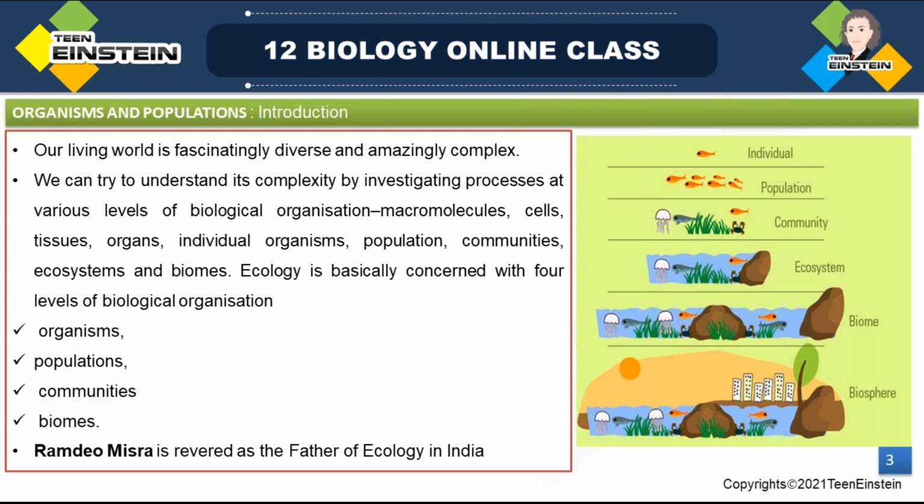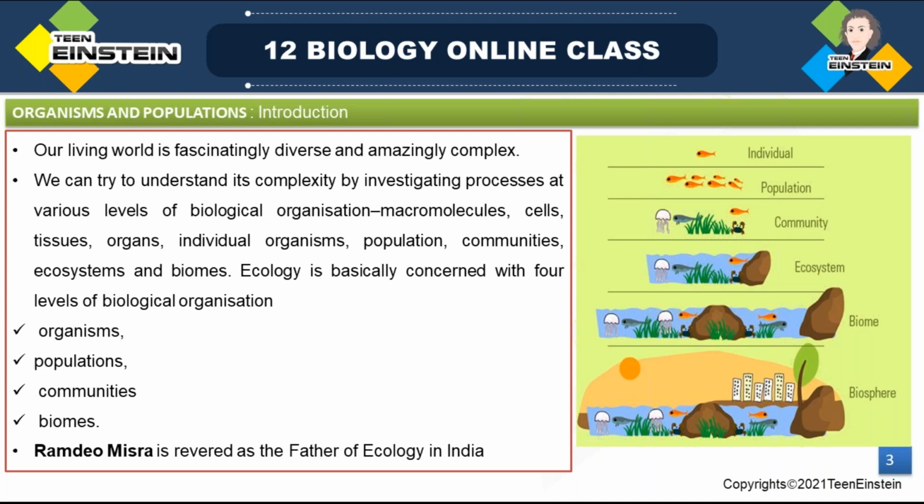So what is a population? A group of similar individuals living in a particular area or a well-defined geographical area, that is called a population. We learned about the organism, then a group of those organisms forms the population, but they belong to the same species and they'll be in a well-defined geographical area.